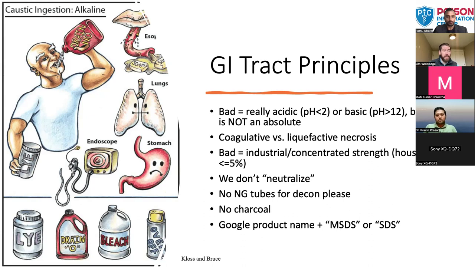It can also be good if you're not quite sure what was in the product that was ingested. You can look up the safety data sheets for a lot of these products. What I will typically do is just use Google or whatever your search engine of choice is. I'll type in the product name, and then I'll type in MSDS or SDS, which is Material Safety Data Sheet or Safety Data Sheet.